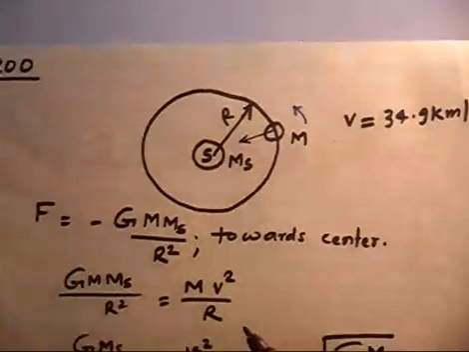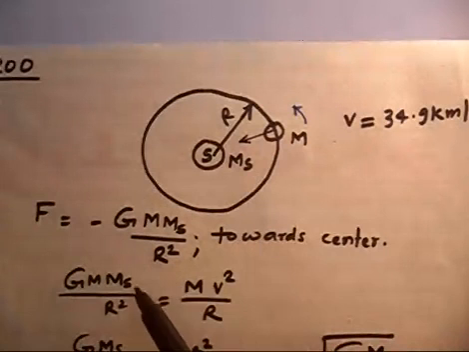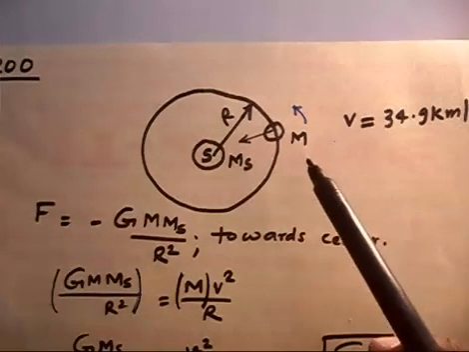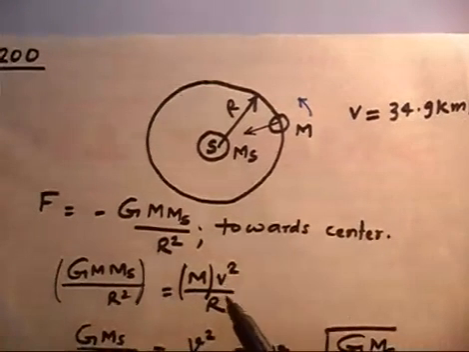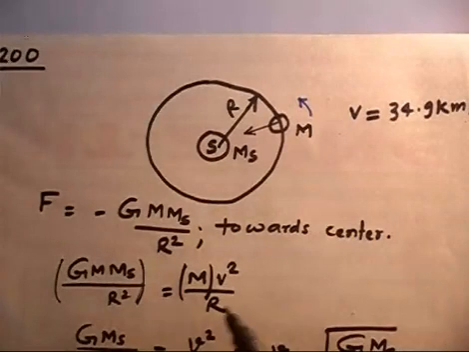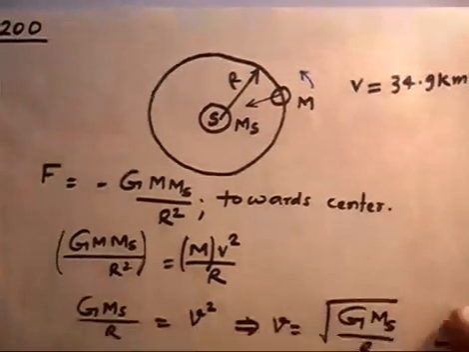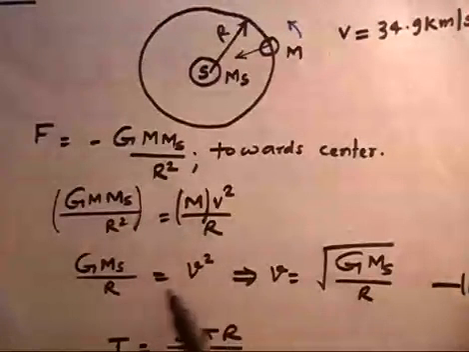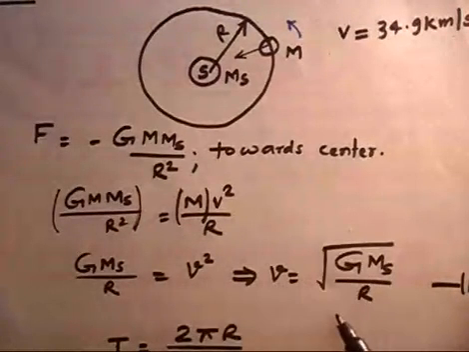If something is moving in a circle, I know total force towards the center is equal to mass of object, that is m, into acceleration. I know acceleration is v square by r. So force is equal to mass into acceleration. From here I can calculate v square, m cancels out, so v square is GMs by r.